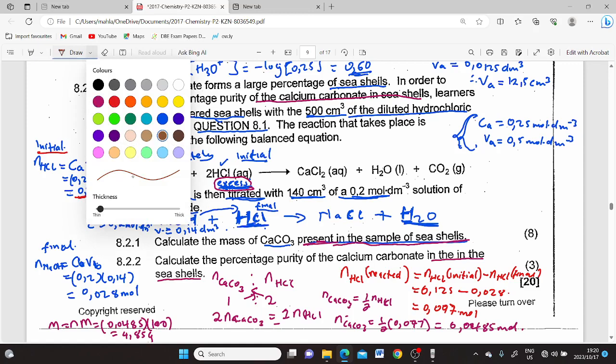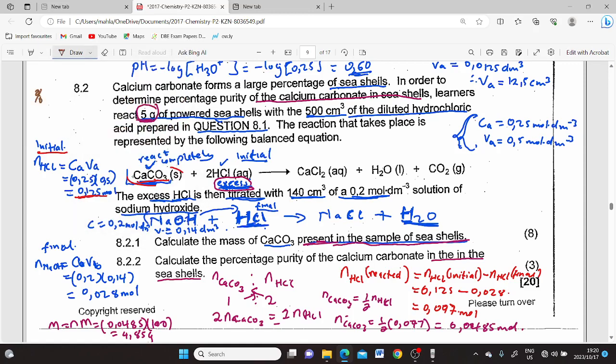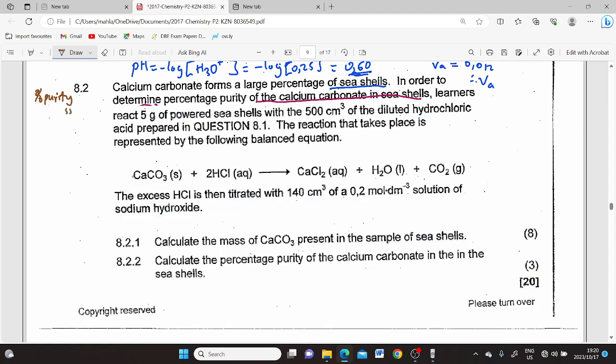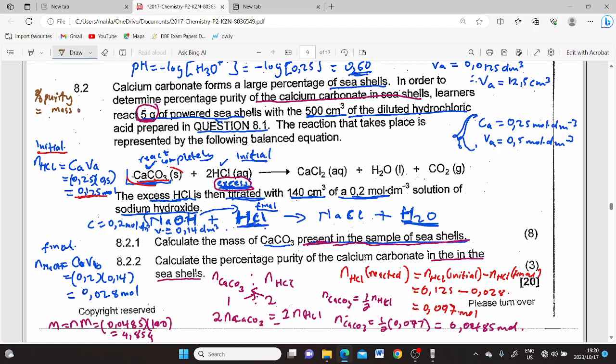We have the percentage purity equals the mass of calcium carbonate, which is the pure substance, over the mass of the impure sample. The sample was 5 grams, containing the impure substances.